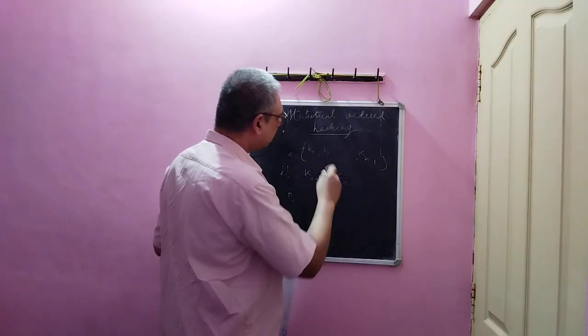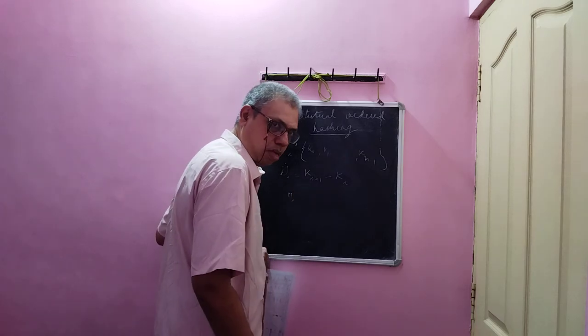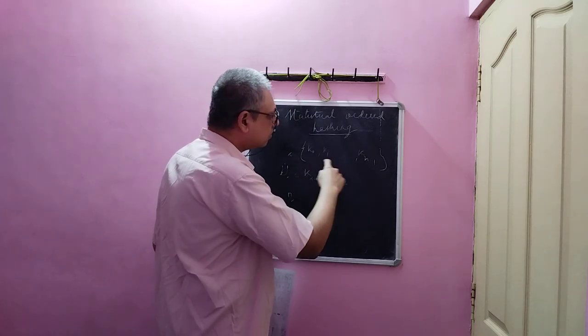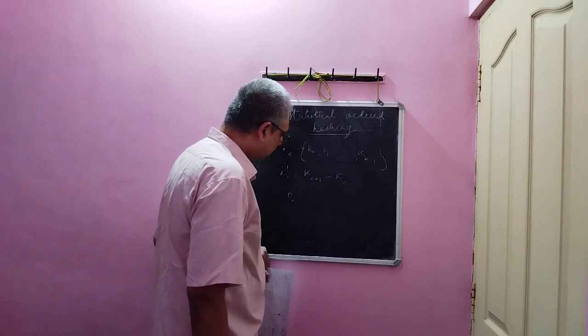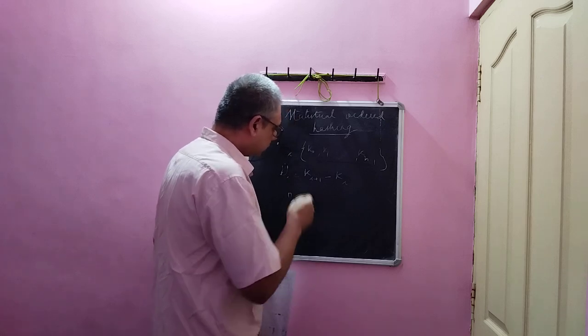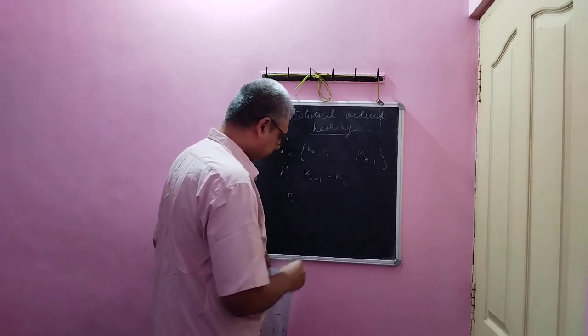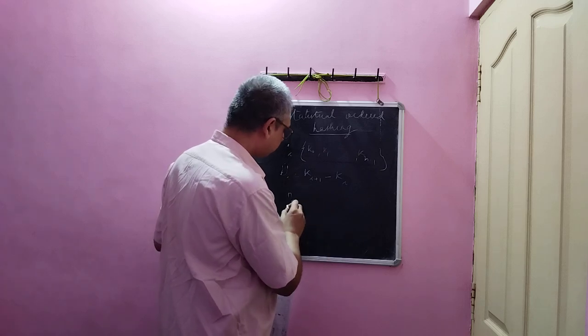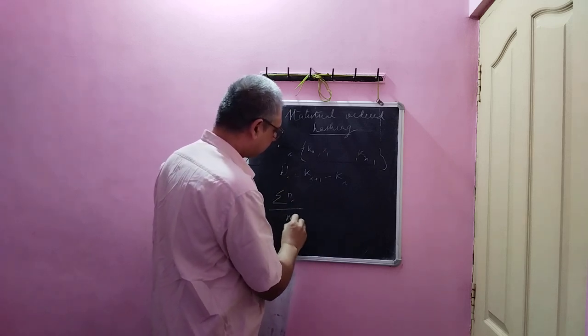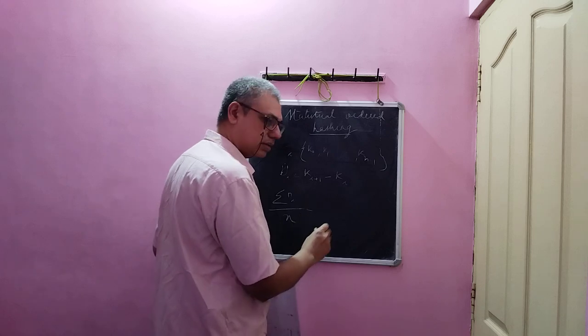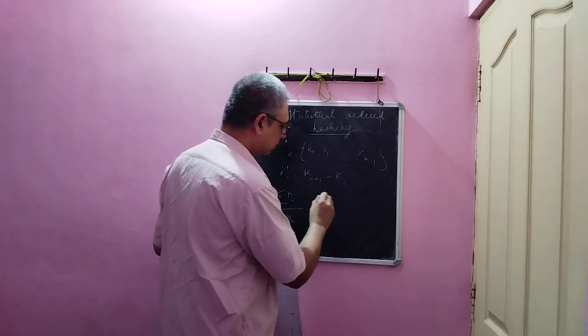K0 will be the least one. I am assuming these keys are all in order. So we take the summation of all di divided by n. This should give you the mean, which is k bar.